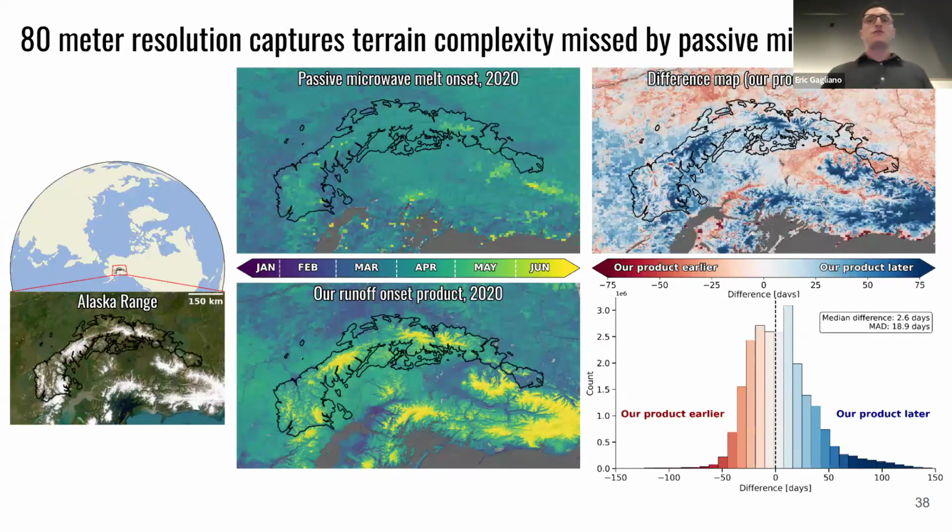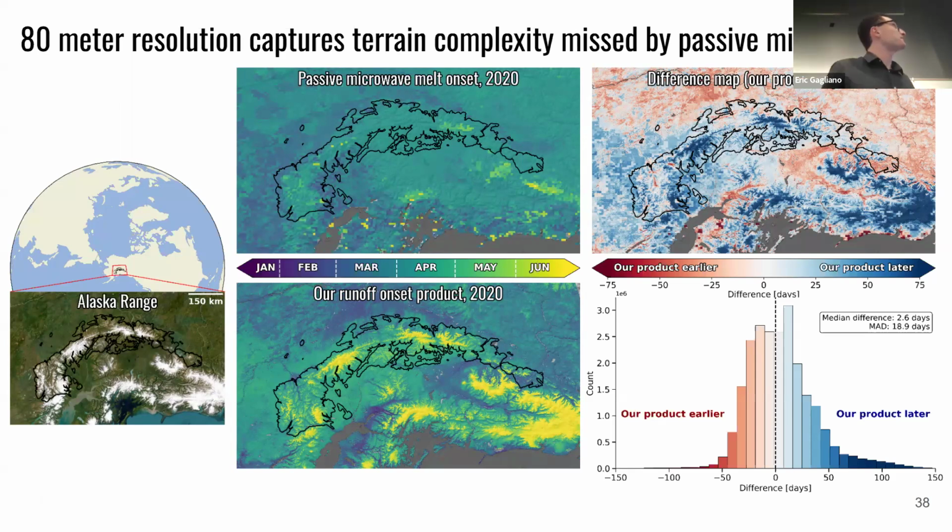So to put the spatial resolution in context, here we're comparing to passive microwave remote sensing, and this was previously the best option for large-scale melt detection. So we're looking at the Alaska Range here, and on this top center plot is a specially downscaled passive microwave product that has 6.25 kilometer resolution, which is actually better than the usual 25-kilometer product.